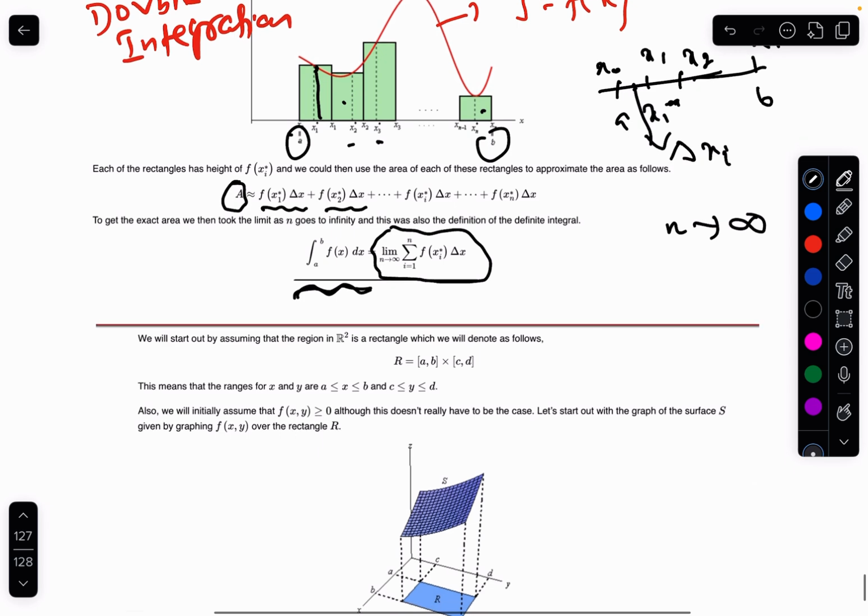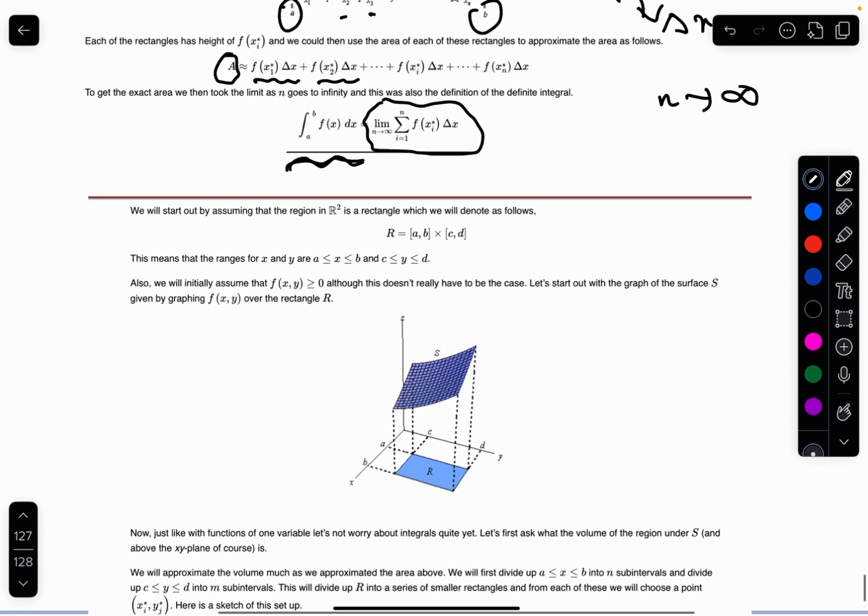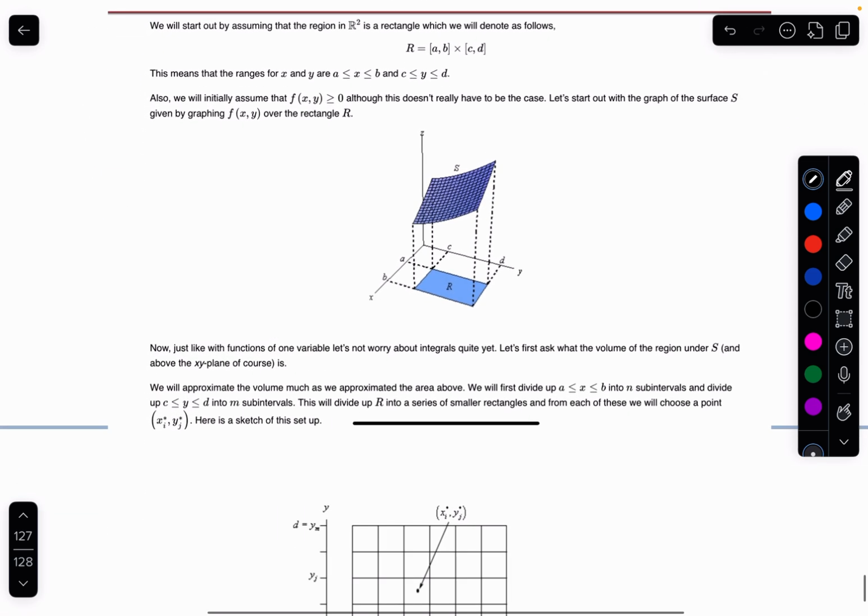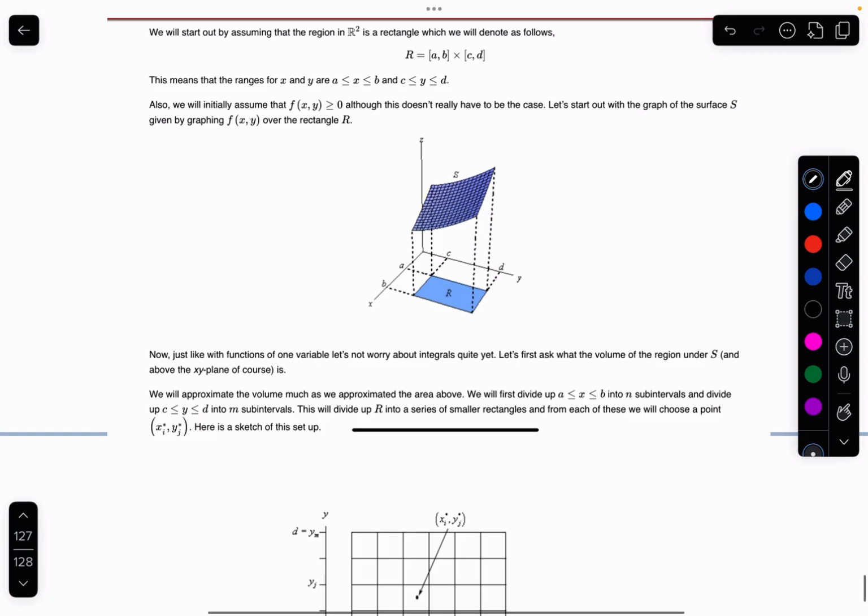Now the same concept here for a function of two variables. So here we have a region like a b cross c d and the function f(x, y). Let us, for the time being, assume that f is greater than or equal to zero.